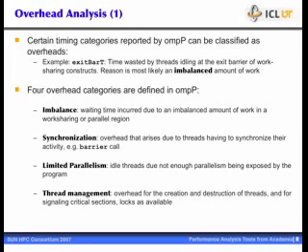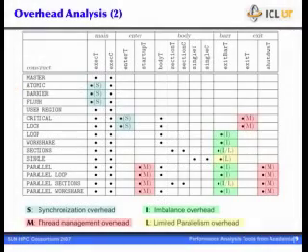So here is a chart that on the left-hand side gives all OpenMP constructs, and the top here shows the different timings and counts which are reported by OMPP. Basically you have a dot if the particular time and count is reported. And the things which are colored here can be considered as overheads.